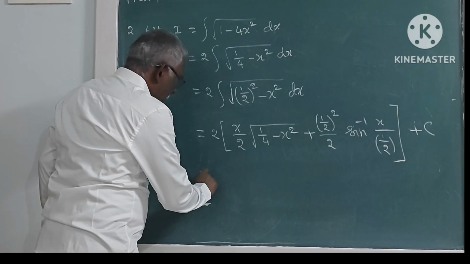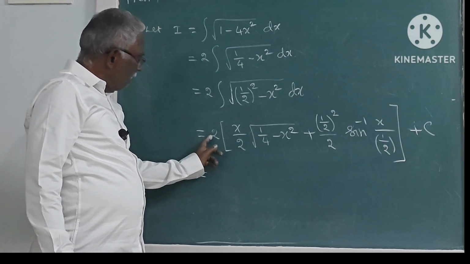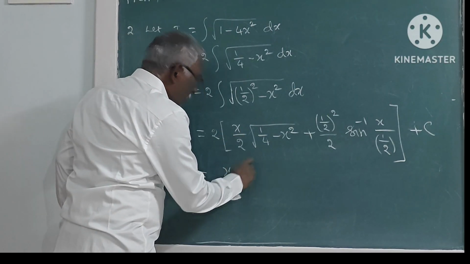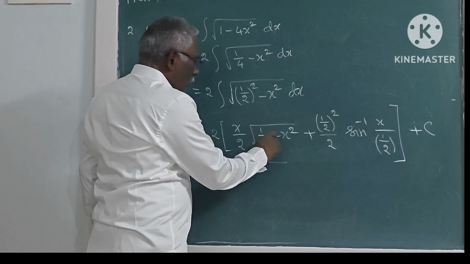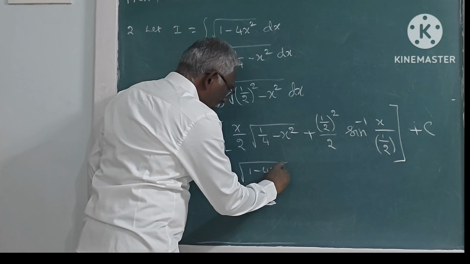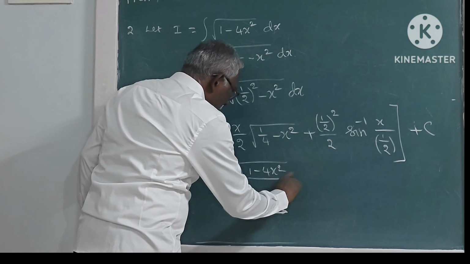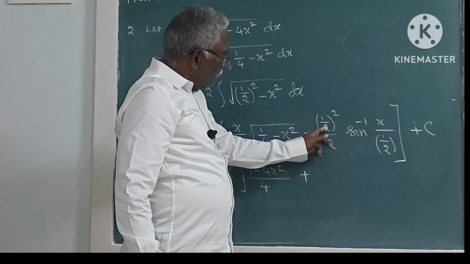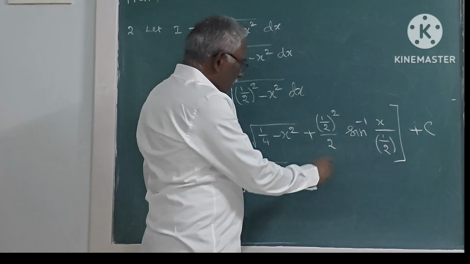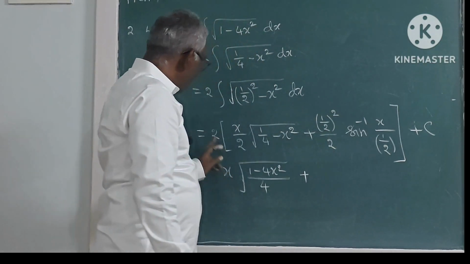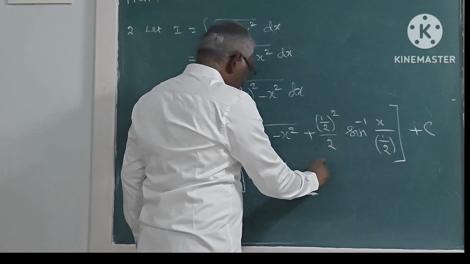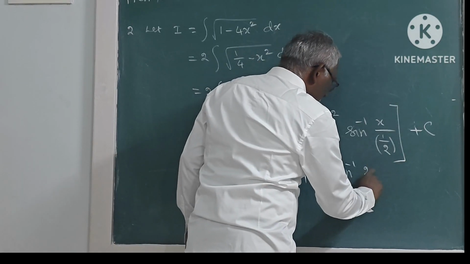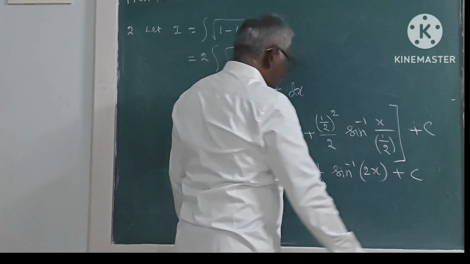Now we can simplify this. We'll multiply both terms by 2. So these two cancel, and we get x times square root of 1 minus 4x square by 4, plus 1 by 2 whole square is 1 by 4, then 2 is there, so 1 by 8, but another 2 is already there, so it will be 1 by 4 sine inverse of 2x plus constant.